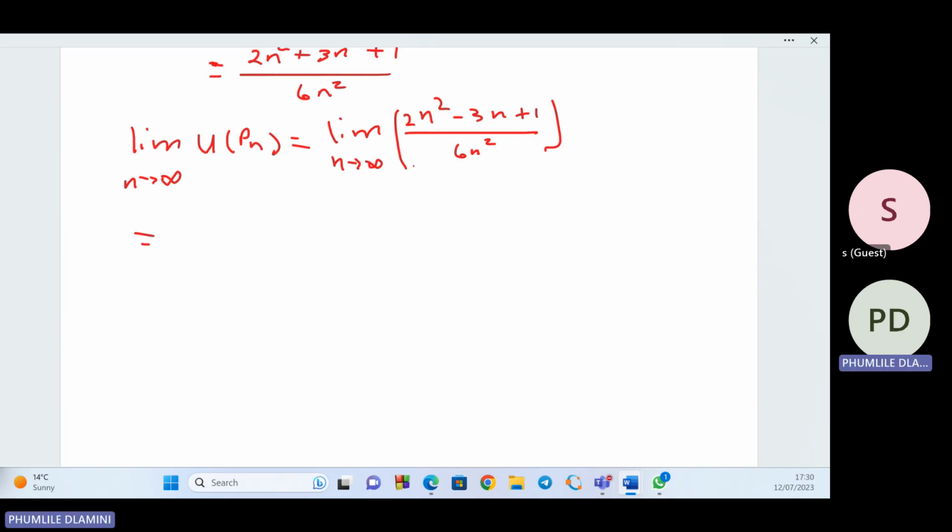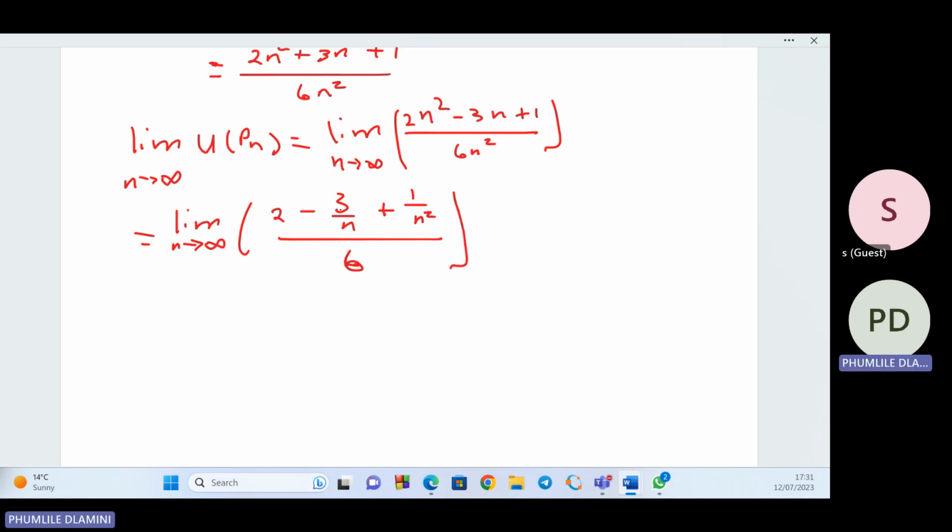Therefore, now when we do this one, the rule still applies. Because we have n squared, we are going to divide everything by n squared. Then it's going to be the limit as n approaches infinity of, when we divide by n squared, we're going to have 2 minus 3 over n, plus 1 over n squared, all over 6.